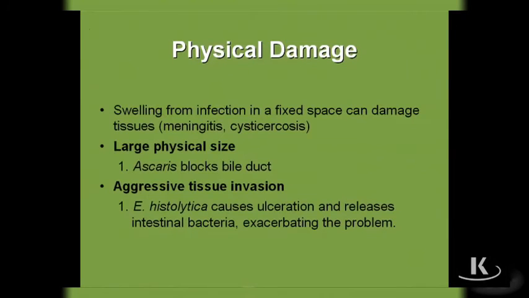Amoeba histolytica also can cause physical damage because it directly invades the tissue, okay, and can cause damage then. So physical damage is pretty straightforward, not much there. Most of that is just kind of knowing about the organism. For example, Ascaris, it's the largest organism we're going to be talking about. So clearly, if you get too many of them in a fixed site, it can cause damage.